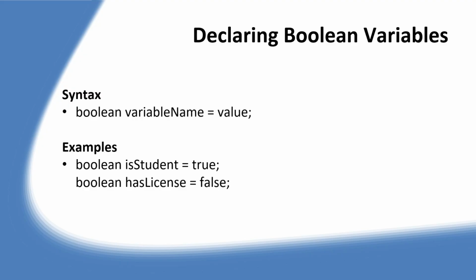So here the variable names are isStudent and hasLicense, and values are true and false, and boolean is a data type. So for isStudent the value is true and for hasLicense, the value is false.